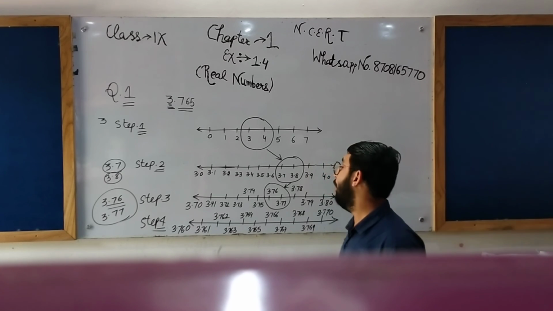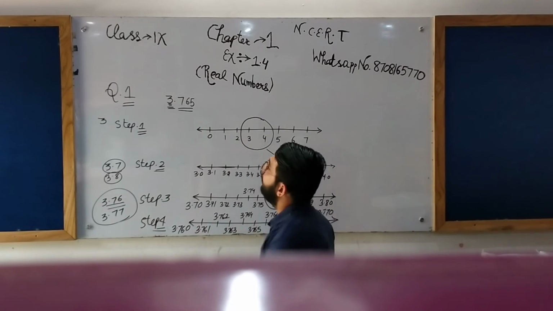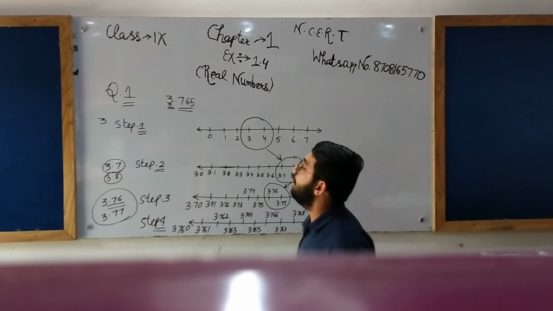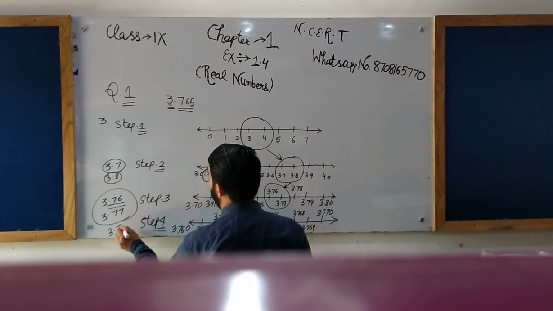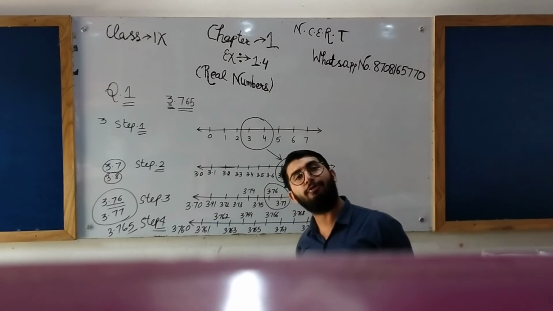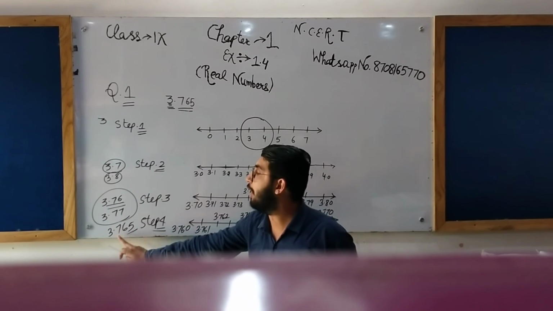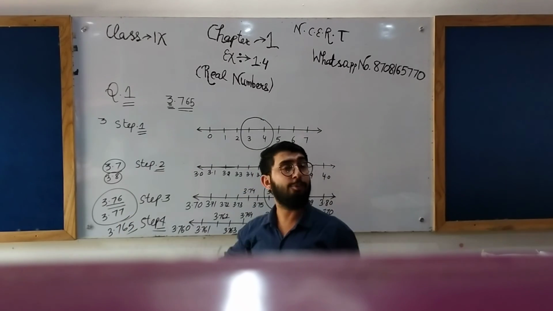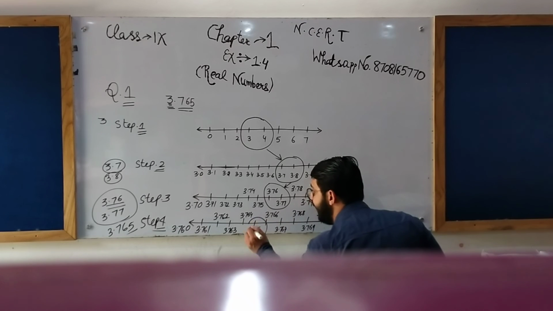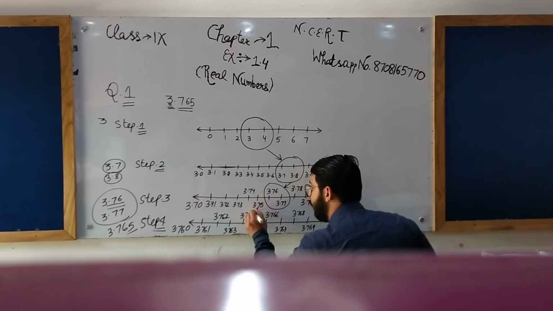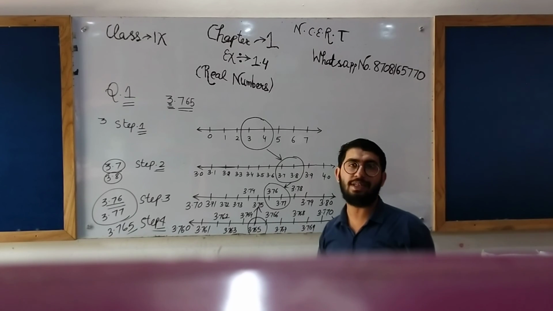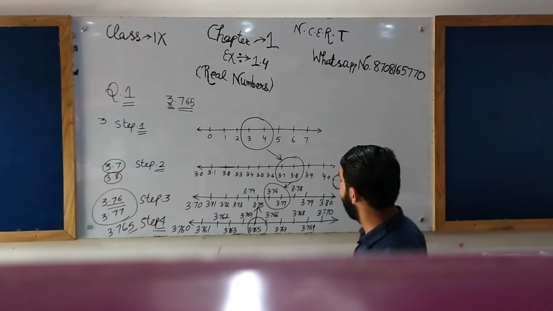Now, what were we to represent? In step 3 I have taken 3 digits. In step 4 I will take 4 digits, and the 4 digits will be the number itself, 3.765. Where is 3.765? Yes, here it is. This is your destination.